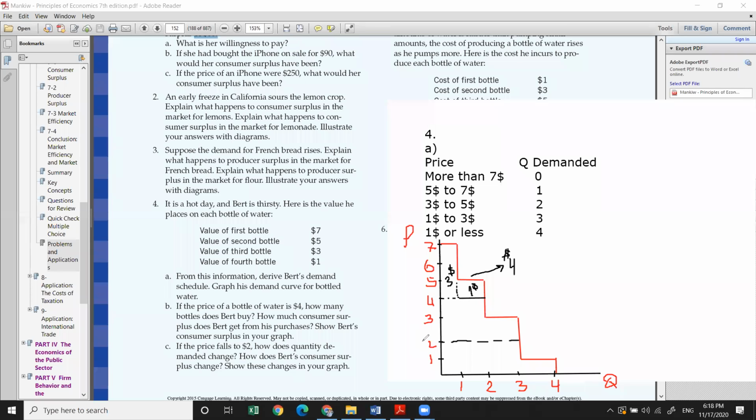Yes, very true. He is going to buy 3 bottles. And his consumer surplus consists of both areas. Let me name them A and B. So there are 2 consumer surpluses, this A and this B.